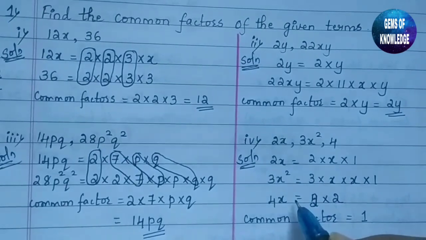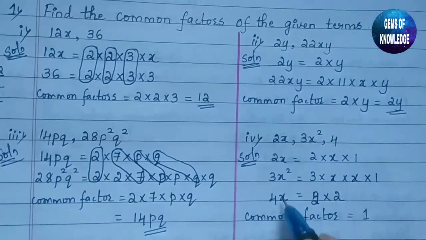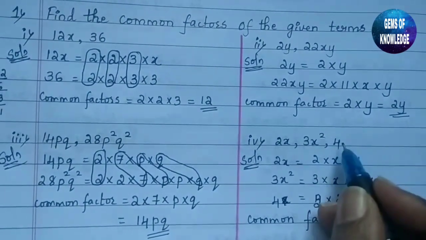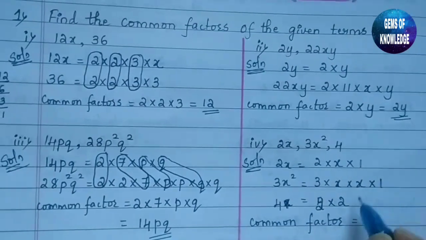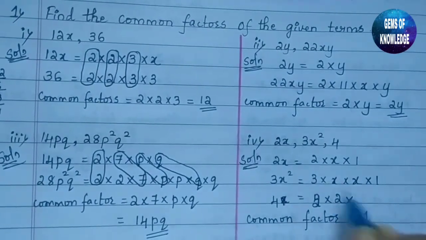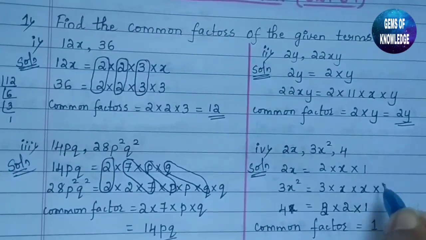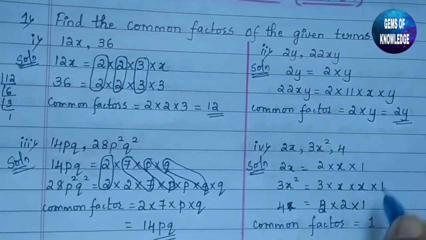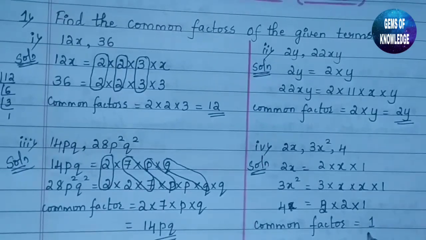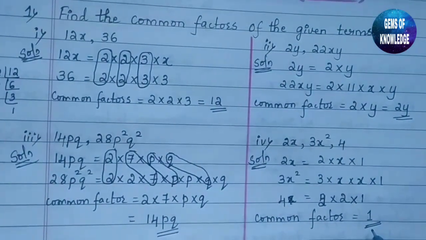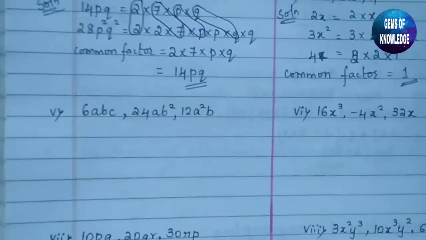And 4x, sorry, this is not 4x, it is 4 actually. Here you can see it is 4. So when we multiply this 4 by 1, again we get 4 itself. So the common factor we got here is 1, 1 and 1. So we can write the common factor over here is 1.